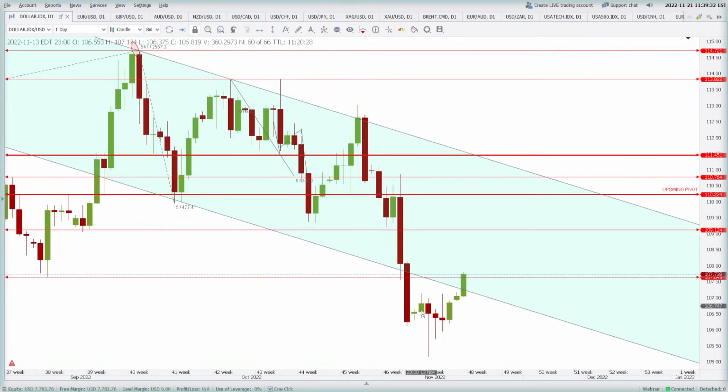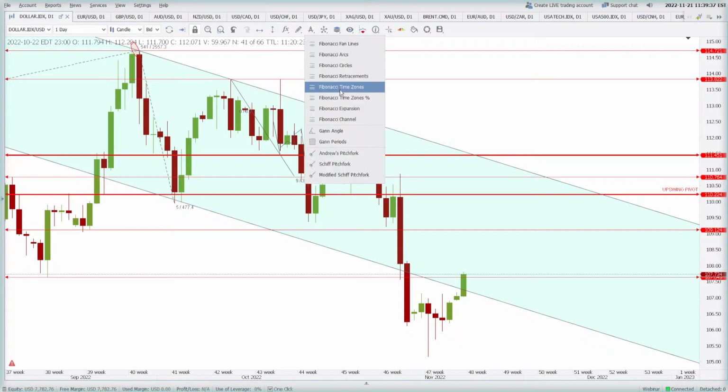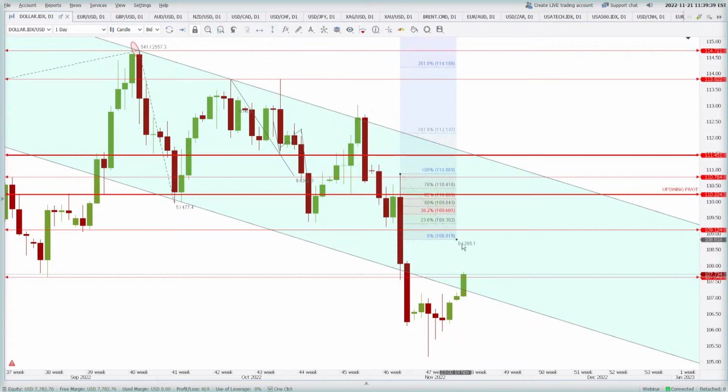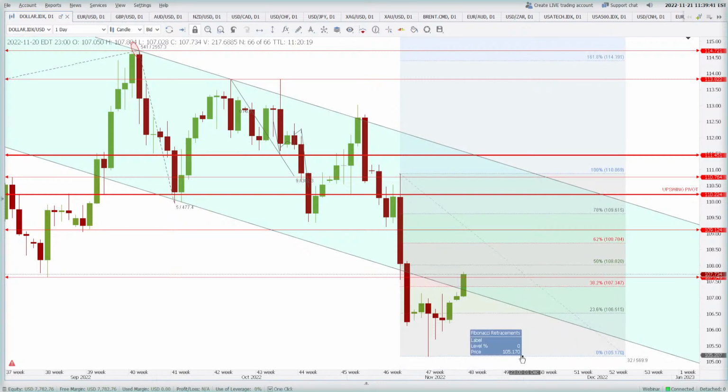But from this swing to here, we can check the Fibonacci retracements and again target 62% or 78%. But I think 109.12 may be a major area where we can find resistance for this market now.